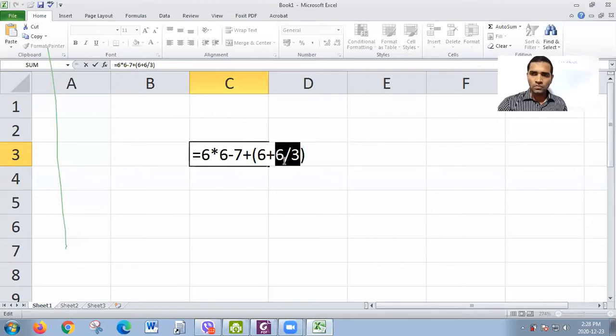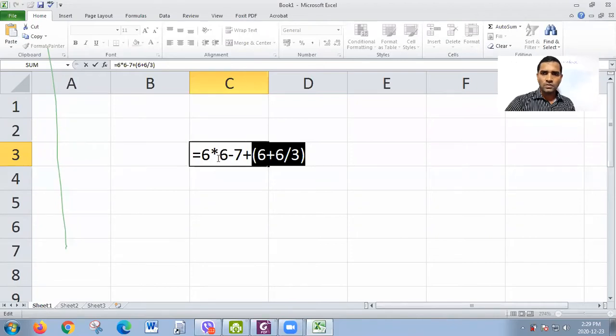Okay. So what's the idea? So 6 divided by 3, so it's 2. 2 plus 6, right? So it's 8. So now this has to be 8. Before that, you have multiplication. So 6 into 6, 36, right?